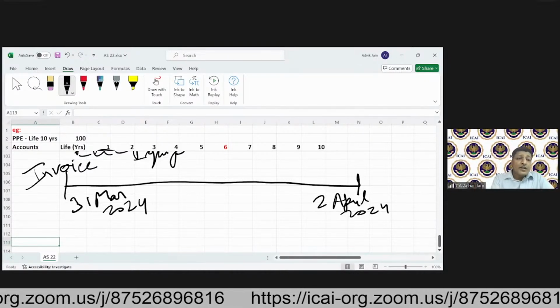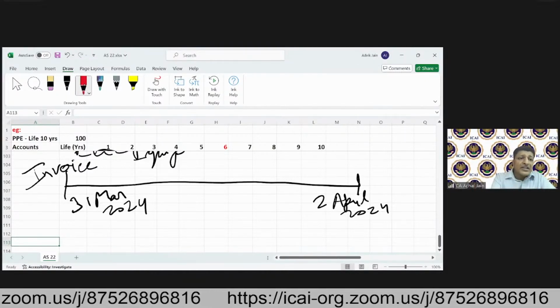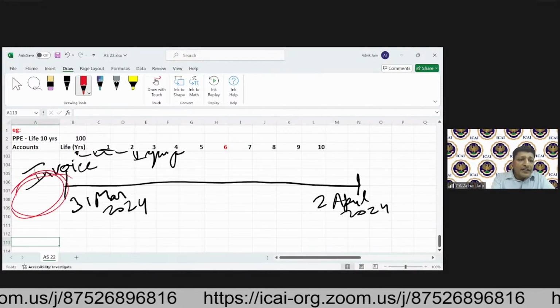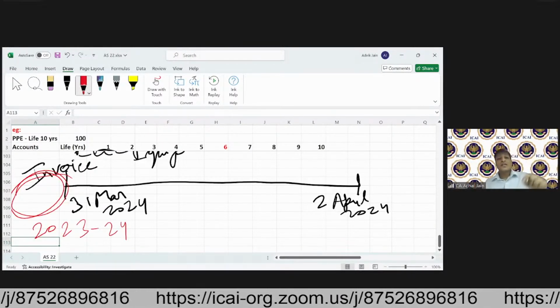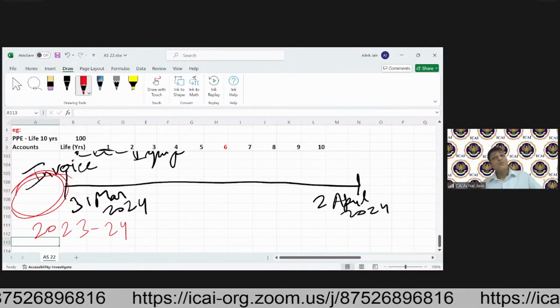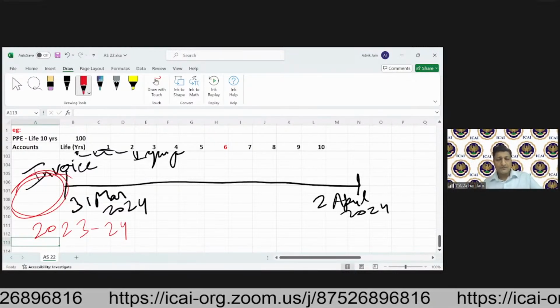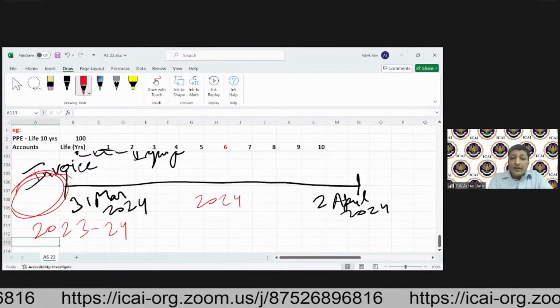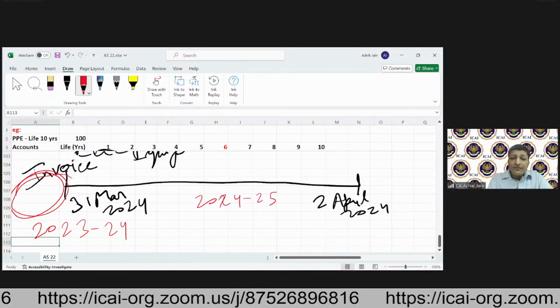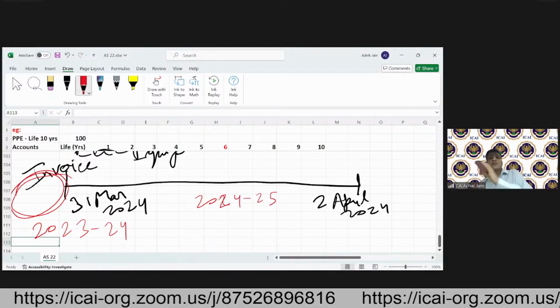One, we look at financial year 23-24, because in this financial year the invoice has been generated. And then we can look at 24-25, in which the goods have been delivered to the customer.